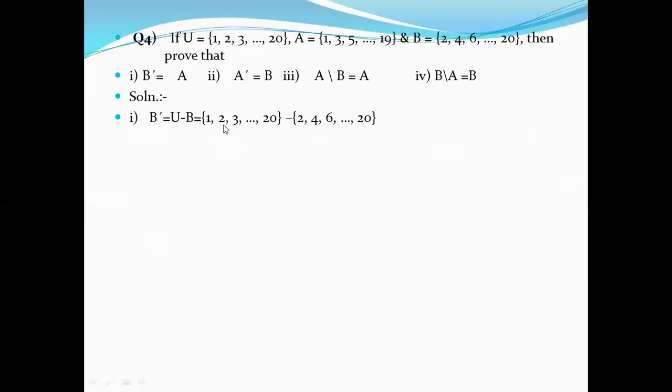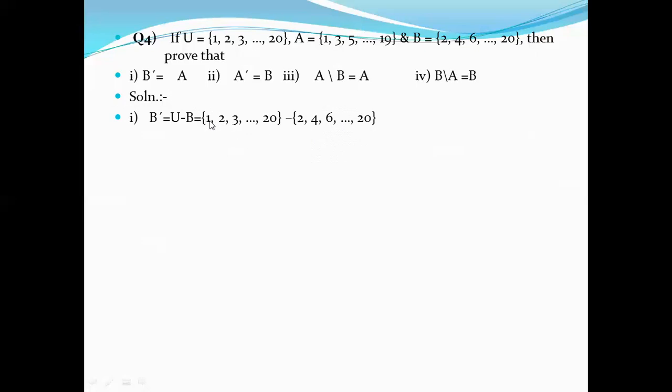From the universal set, 1 to 20 natural numbers, you have to subtract set B, the set of even numbers from 2 to 20. So from the natural numbers, if you subtract the even numbers from 2 to 20, automatically the odd numbers will be left in the natural set.